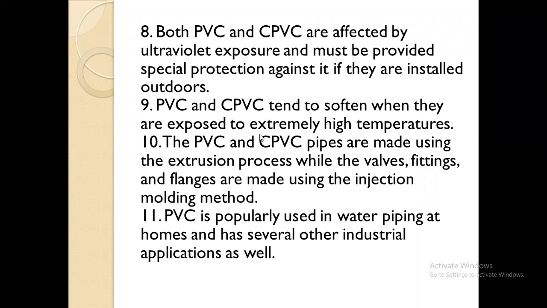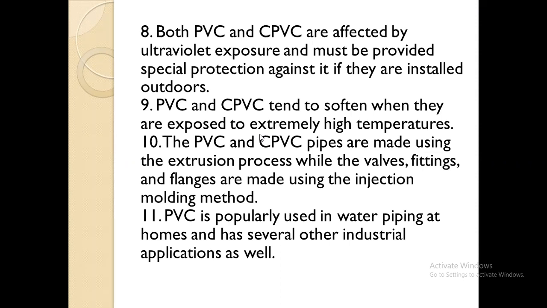Okay, whatever CPVC and PVC pipes are there are manufactured by using the extrusion process, and whatever valves, fittings, and flanges are there are manufactured by using the injection molding method.